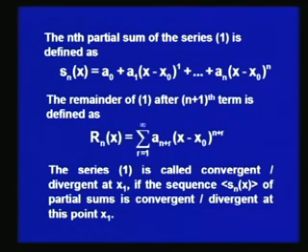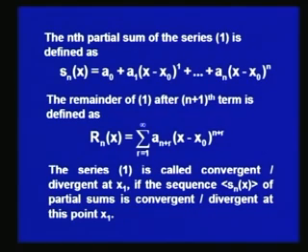That is, the first term will be a_(n plus 1) (x minus x naught) to the power n plus 1, then we will have a_(n plus 2) (x minus x naught) to the power n plus 2 and so on.